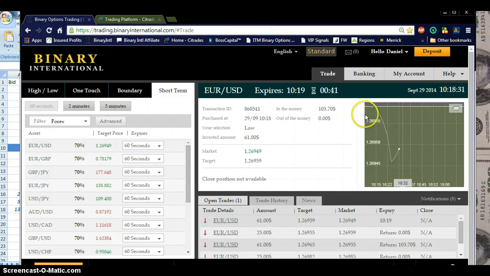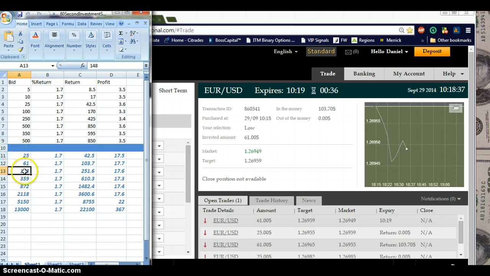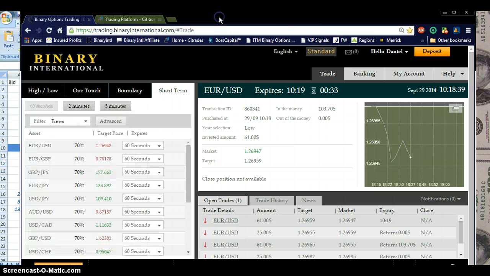Well into the money now, but we have 40 seconds left. It certainly can change on a dime. If it does, I will be prepared with a 148 investment. Or if we're in the money, I'm going to go back to 25.